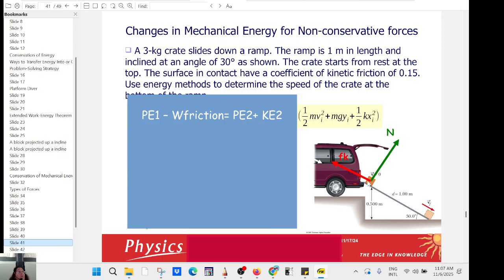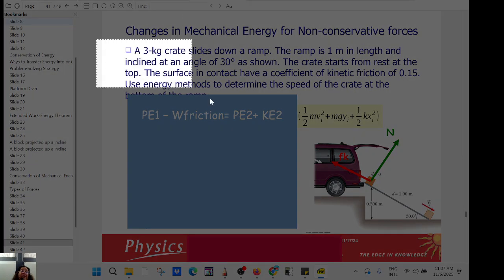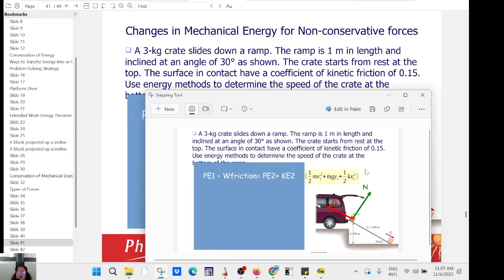And the thing that you have to remember that I told you to memorize is that the normal force is mg cosine when you have a slope, and the component of the weight along the slope is mg sine. So you don't have to think each time you deal with an inclined plane. You need to memorize that the component of the weight perpendicular to the slope is mg cosine.